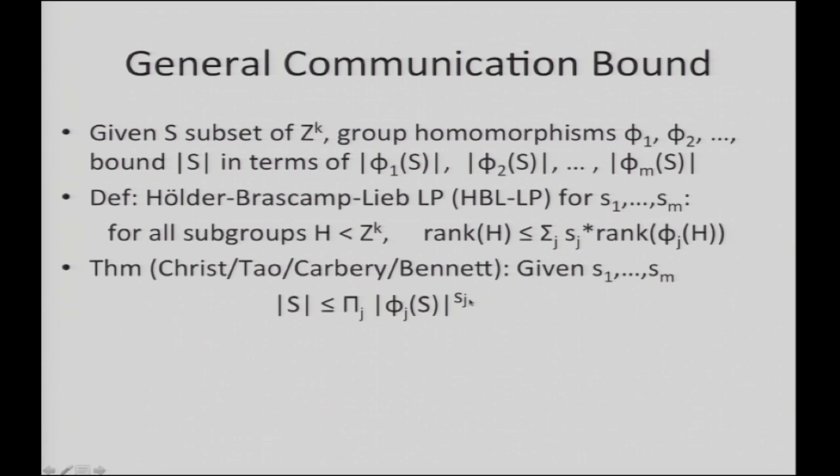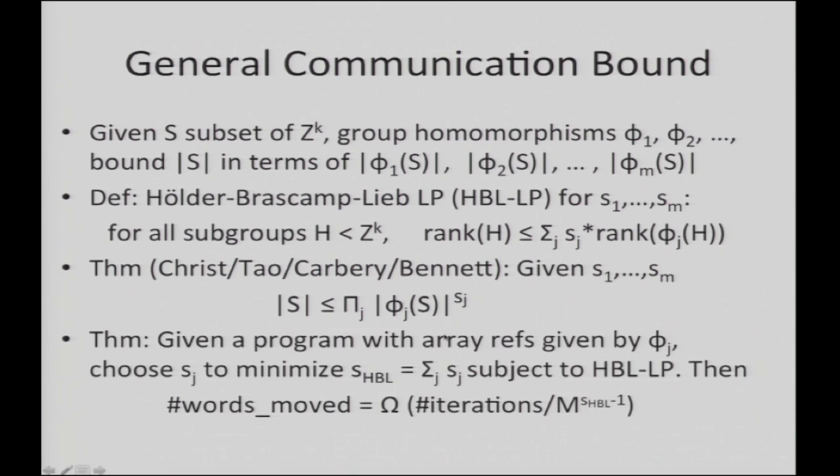So our theorem, which builds on that, says that given a program with array references, which are given by those group homomorphisms, you take this linear program and solve it. Minimize the sum of the s's subject to this linear constraint. Then that gives you a lower bound on the number of words moved, no matter how you run the program. It's the number of iterations divided by M to the solution of the linear program, minus 1. OK, so that is going to be our goal for arbitrary code that accesses arrays.